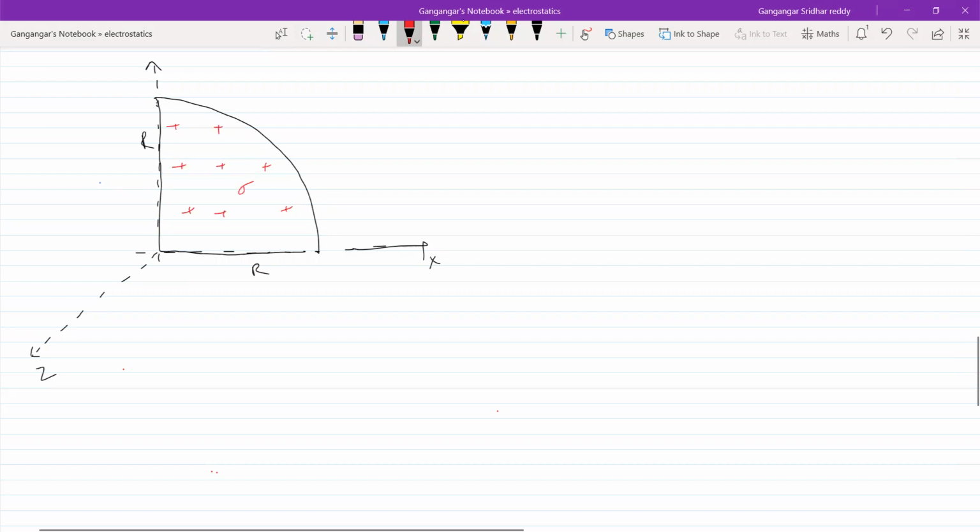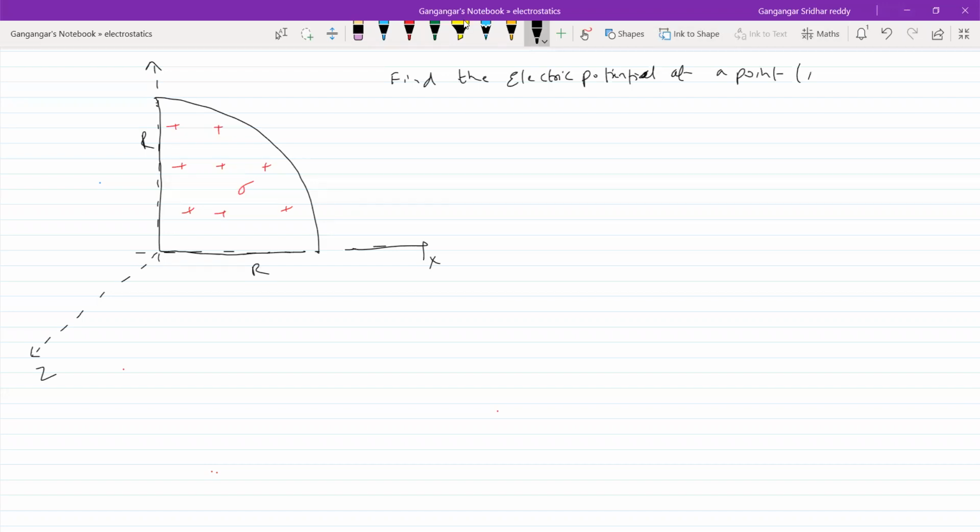So I'll put a question like this. Find the electric potential at a point 0, z. This is the first thing. Find the z component of the electric field.